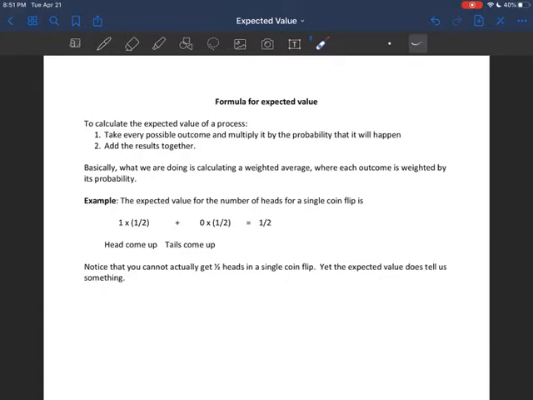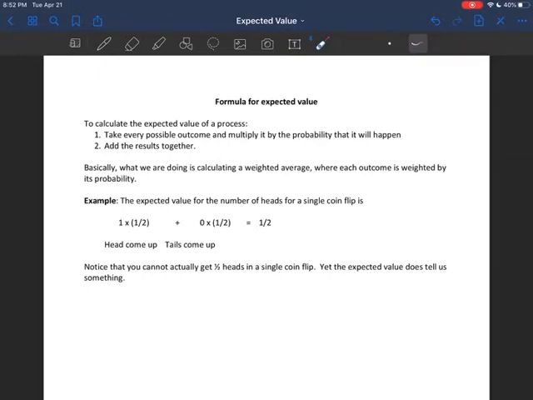Each of those outcomes you multiply by the probability that it will happen. So you would take 0 heads times the probability of 0 heads, and 50 heads times the probability that you get 50, and 43 times the probability that you get 43 heads. And so you take all of those little products and you add them up. And when you add them up, that will give you the expected value.